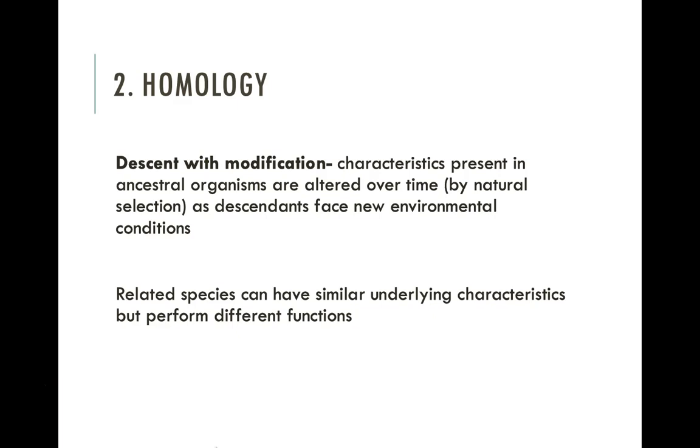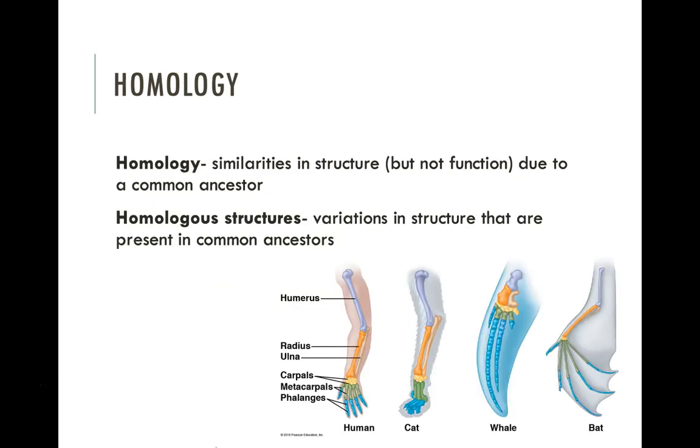Those are characteristics that were in ancestral organisms that have been altered over time through natural selection because the descendants have faced new environmental conditions. So this means related species might have similar characteristics that perform different functions in their current situation, or they have acquired similar but different characteristics to deal with the same problem.